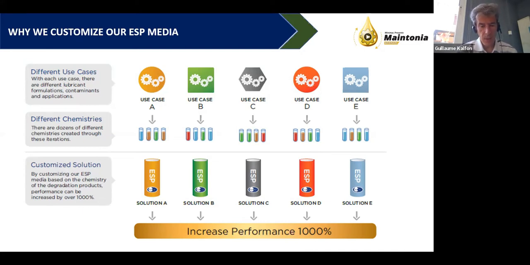Depending on what type of varnish you're having and the type of oil you're having, it may not always be the same. And we have done that a good 1,000 times for the past 12 years, all over the world, in all types of machines, in all types of industries, in all types of environments, be it emerging markets or mature markets, and all climates of the world, tropical, desert, Arctic, everywhere.